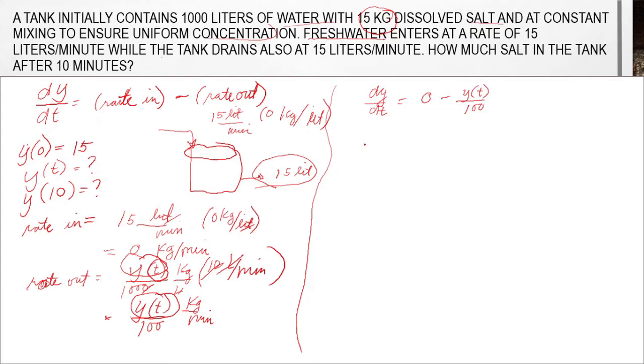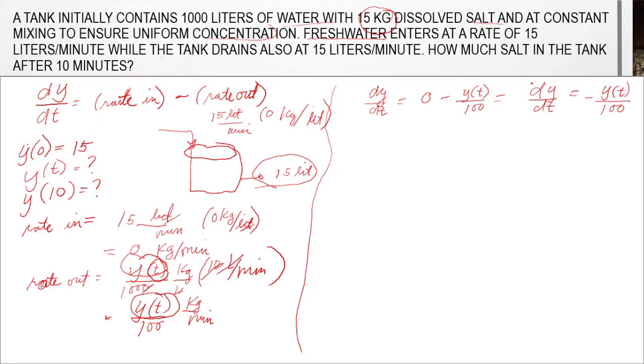So this one becomes dy over dt is equal to negative y of t over 100. We take note that this is not a multiplication but rather y as a function of time.